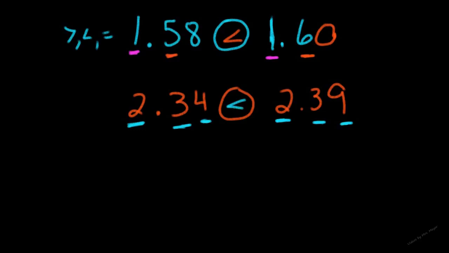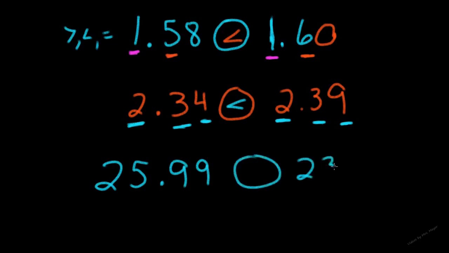So it's pretty much just following steps and making sure that you're working from the largest place. It could be a 2-digit whole number with the decimal. If we had 25 and 99/100ths, we're going to compare that to 23 and 9/10.